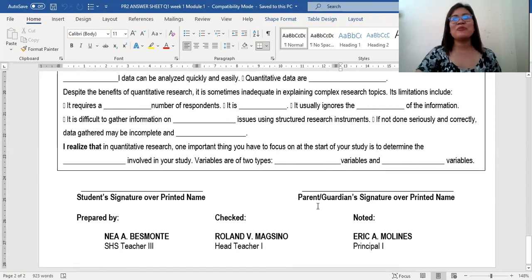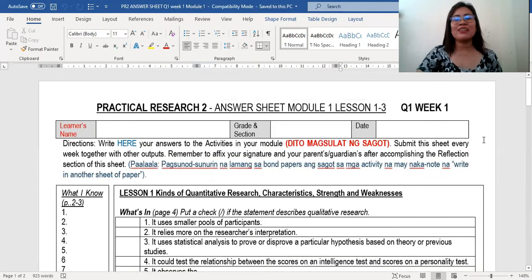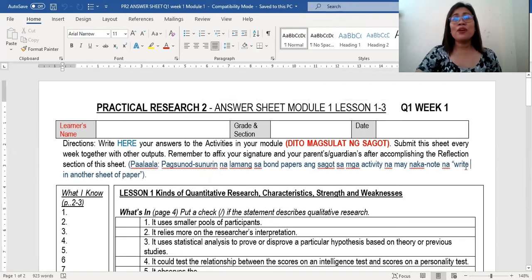Okay, so that would be all for your answer sheets, and you'll have to send that back to me next week. For the security of your answer sheets, I would like you to take screenshots or scan your answer sheets, take a picture of them for you to have an evidence that you have truly passed to me your answer sheets for the week.